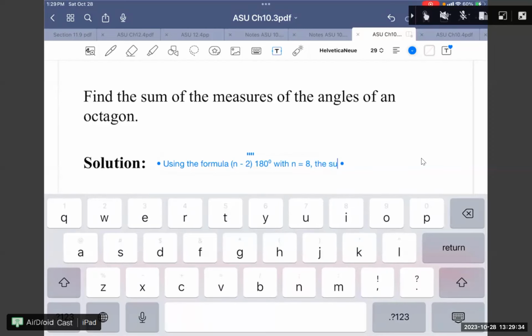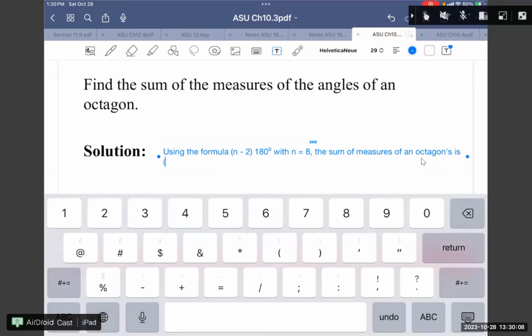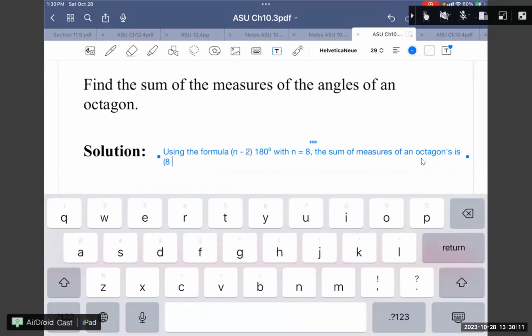The sum of the measures of the angles of an octagon: an octagon has 8 sides, right?